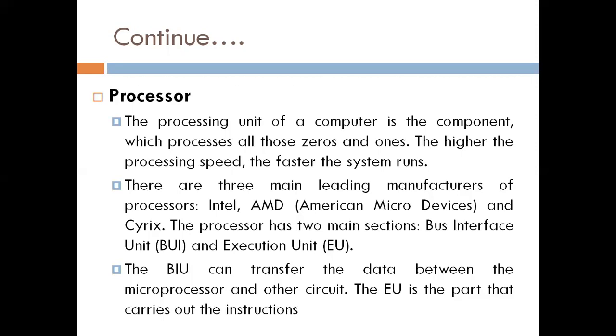The processor has two main sections: bus interface unit (BIU) and execution unit (EU). The BIU can transfer the data between the microprocessor and other circuits, while EU is the part that carries out the instructions.